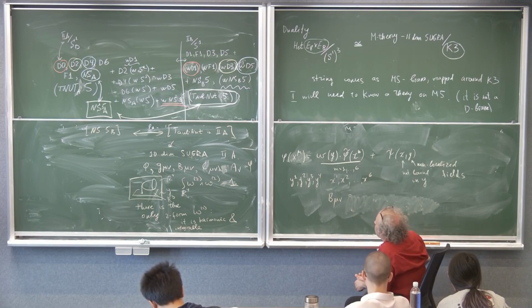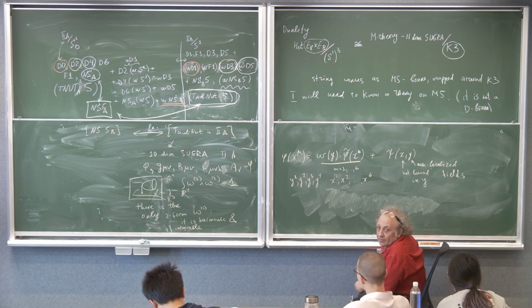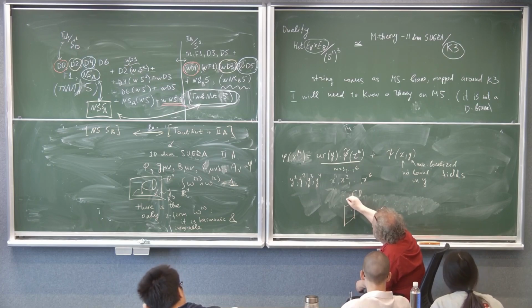It's not localized; phi tilde is in the direction perpendicular to tau. So geometry is like this. Wait, the other direction is just R6, right? Yes, R6.